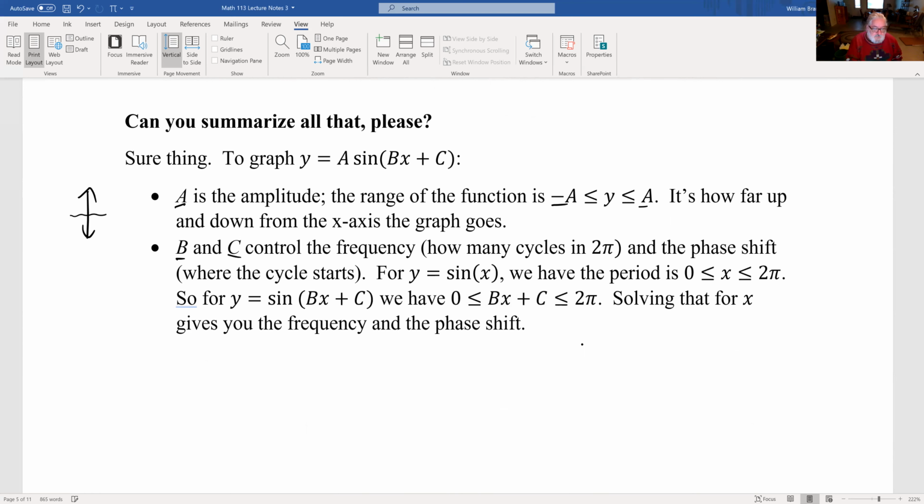B and C control the frequency, how many cycles in 2 pi, that's B, and the phase shift, and that's minus C over B. So if you start with a function whose period is 2 pi, you take the thing inside the sine, put it in the middle, and then try and solve that for x. That'll give you the frequency and the phase shift. This is where the cycle, the x value where the cycle starts.